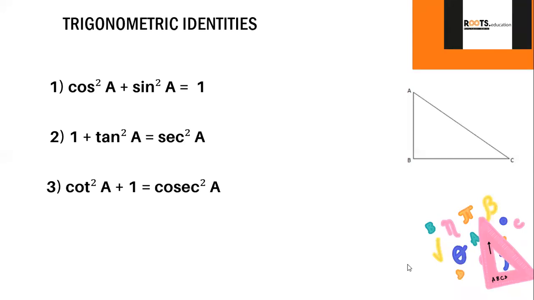This is very simple, the first one, which is sin square A plus cos square A is equal to 1. For the other two, 1 plus tan square A and 1 plus cot square A, you have plus and 1 plus in both formulas. 1 plus tan square, and the reciprocal of tan is cot, so 1 plus cot square.